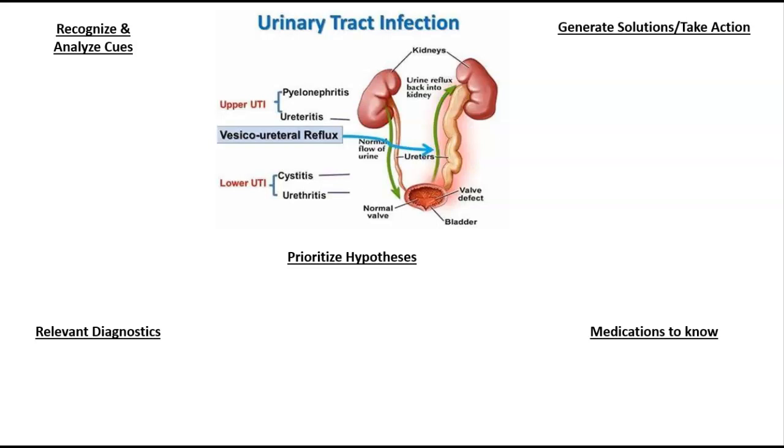However, a clean catch can have some organisms, especially skin flora. So it's very important for the lab to know these things, right? If I have a Foley catheter sample, I would expect 0 bacteria. So if I have any bacteria, that's a problem. So just make sure you look at that when you're doing that.